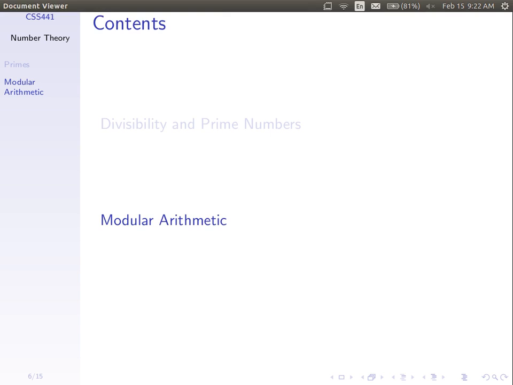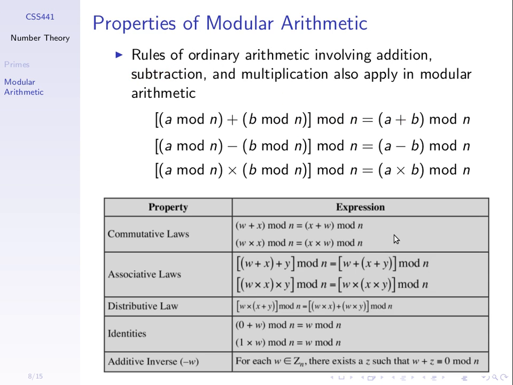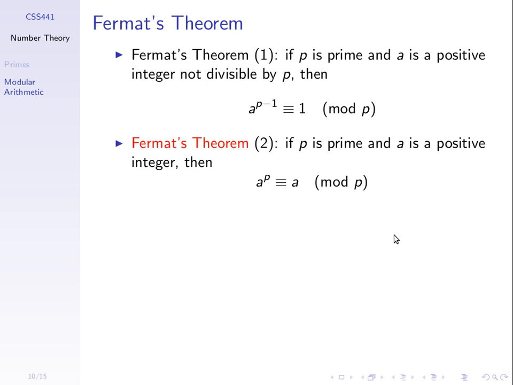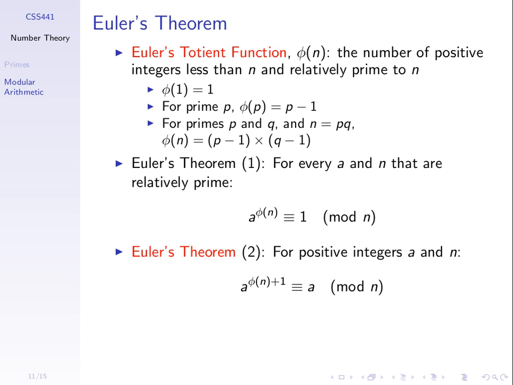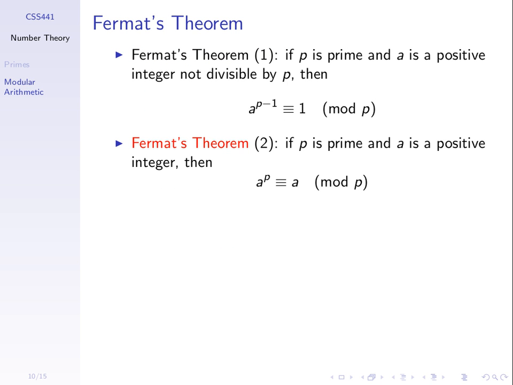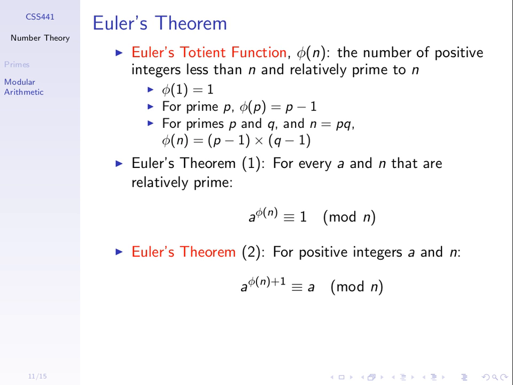And again, sorry you don't have the lecture notes in front of you, so we've covered these operations. What we're going to do, and I'll write them down again, is look at two theorems. We're not going to prove them, we're just going to use them. So I'll give the theorems to you, and we'll use them to solve some problems. The first one's Fermat's theorem, and the second one's Euler's theorem.